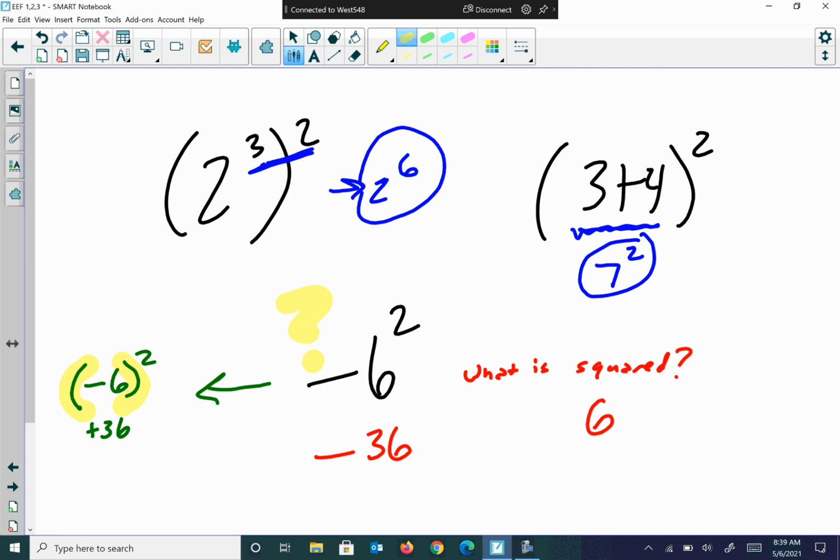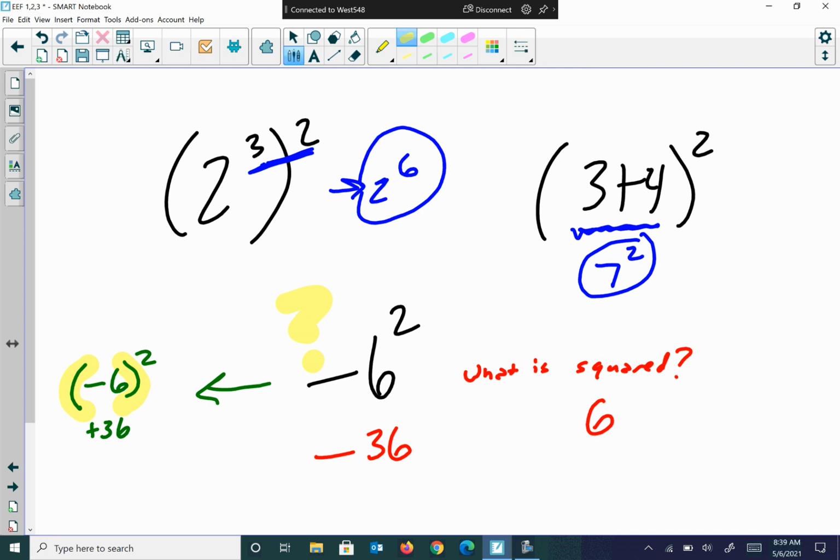So basically, if I have something in parentheses and it's raised to an even power, 2, 4, 6, 8, 10, it's going to be a positive answer. If I remove those parentheses and I have a negative raised to a 2, 4, 6, 8, it's still a negative answer. So the answer to this is negative 36.